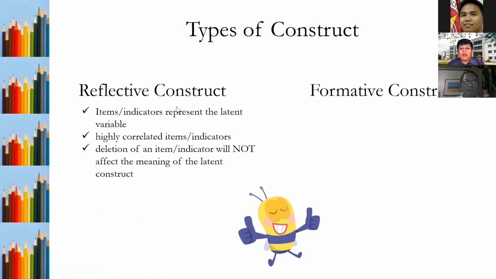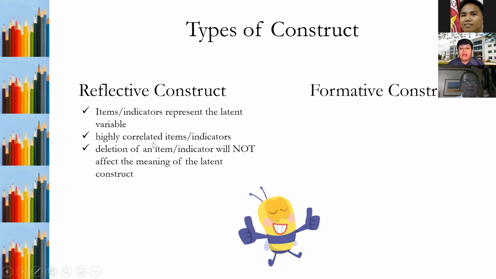In a reflective construct, the items or indicators represent the latent variable. For example, we want to measure customer satisfaction. So we have items, and these items represent the latent variable, which is customer satisfaction. Number two, in a reflective construct, all our items or indicators are highly correlated.